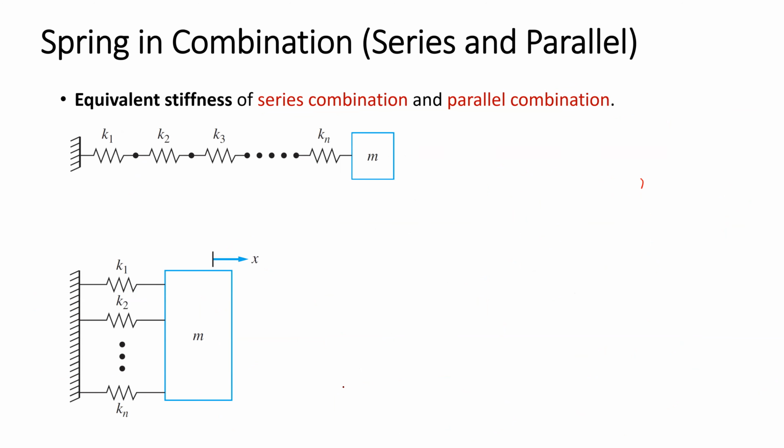When we connect spring in series, the first one has K1. The second one has K2. And we apply force. If we draw the free body diagram of spring, we're gonna have the first spring and we're gonna have the second one.